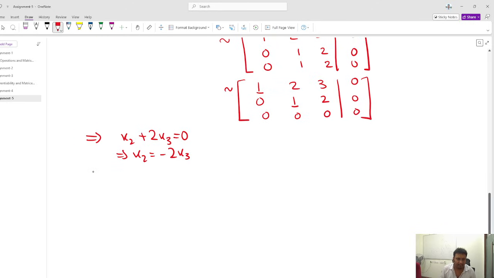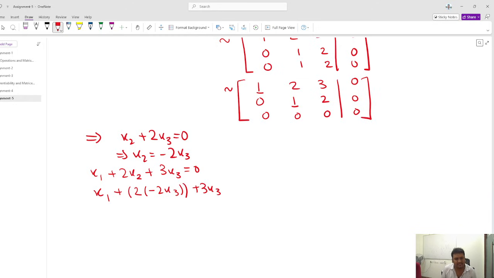And from the top, x1 plus 2x2 plus 3x3 is 0. Let's substitute x2 here. So what you will get? x1 plus 2 into minus 2x3, plus 3x3 equal to 0. So what is this? x1 minus x3 is 0 if my calculations are right.